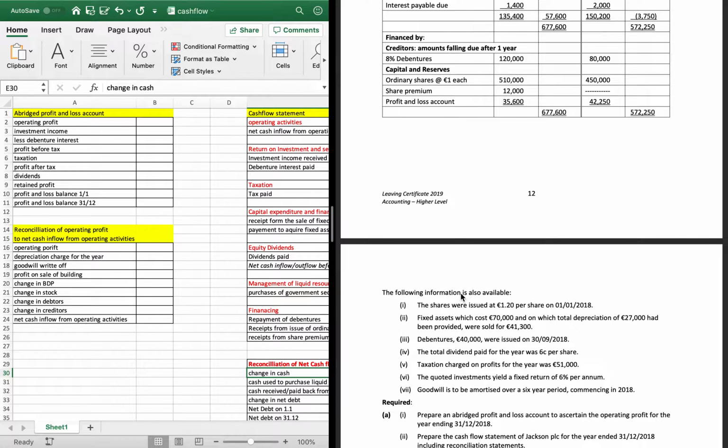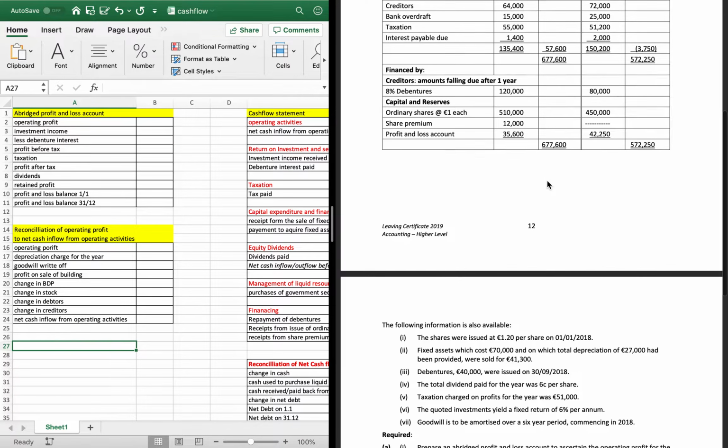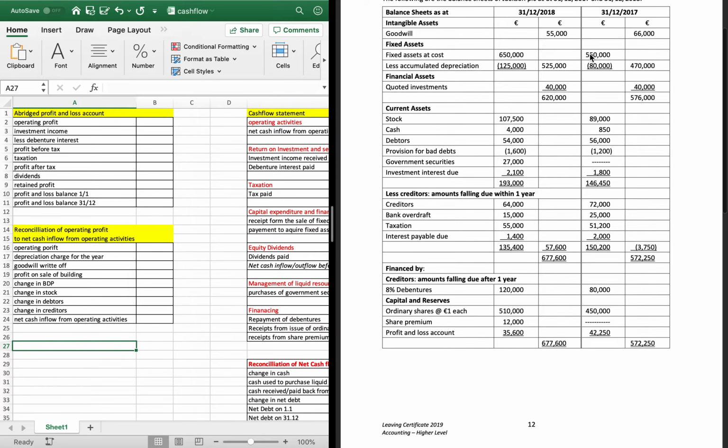So there are steps involved here. I'm going to do them on the page. Fixed assets costing 70,000, on which total depreciation had been provided, were sold for 41,300. I'm going to look at my fixed assets from last year, and they're 550, but included in that 550 is the 70,000 of the asset that we sold. If I was doing this in Leaving Cert, I would cross out that 550 and write 480 above it.